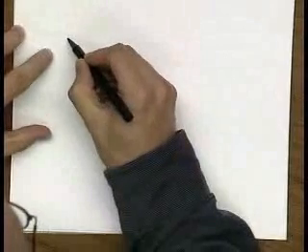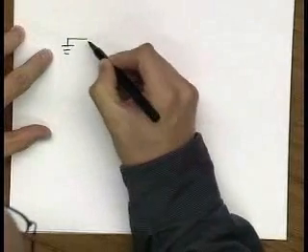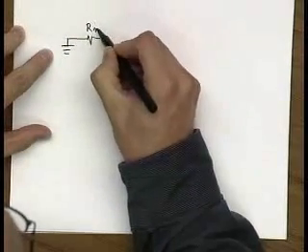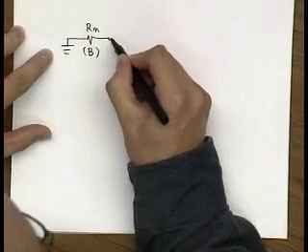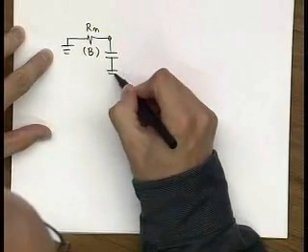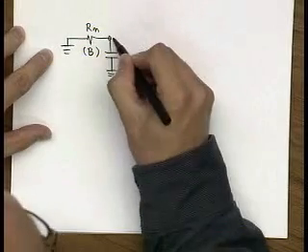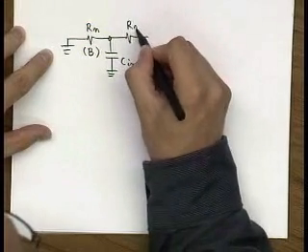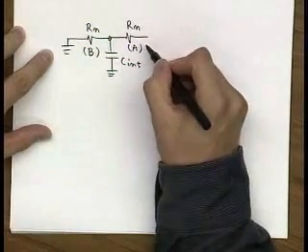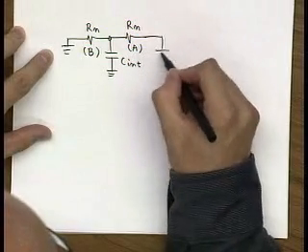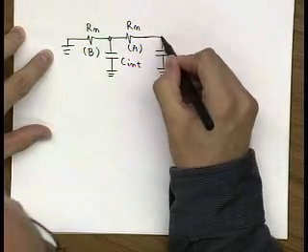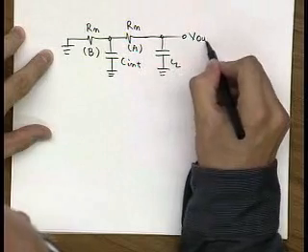So let's say we have a 0 over here. Then we have Rn from this transistor B. Then there is this intrinsic capacitance sitting over here. Then we have another Rn from this transistor A. And then we have the load capacitance V out.